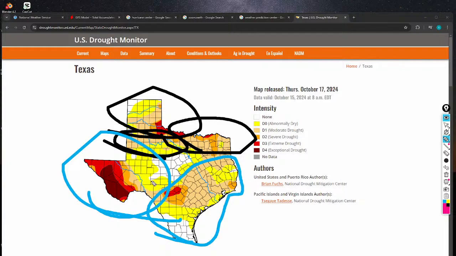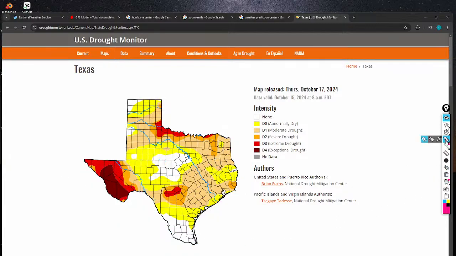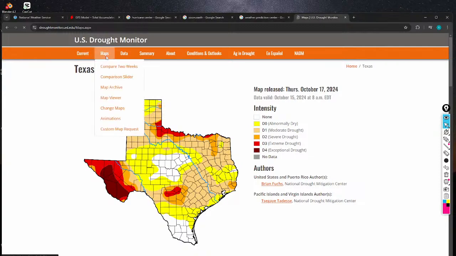Pink, the drought could either get way worse or stay the same. And that's a lot of different colors. So that's kind of what we're looking at for Texas at the moment.